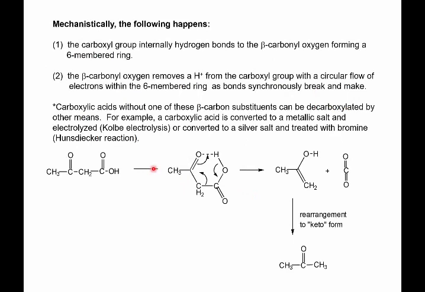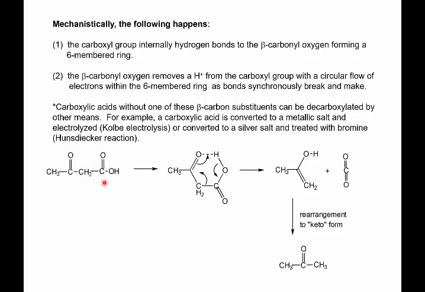Let's take a look at this beta keto carboxylic acid that we mentioned. The key is that the most stable conformation for a compound like this is where the carboxyl group wraps around and internally hydrogen bonds with this oxygen here. You'd have the same kind of effect with a nitro group and even a cyano group.